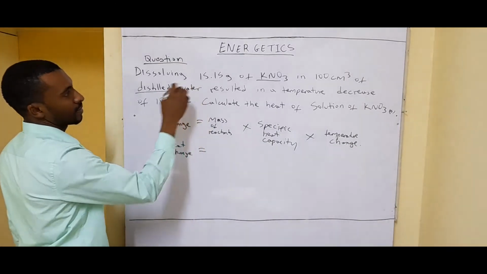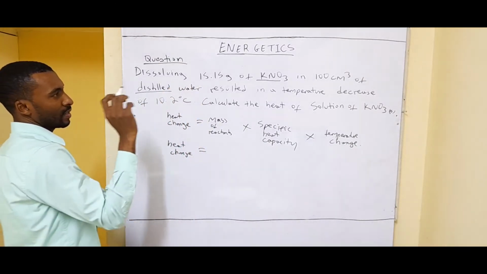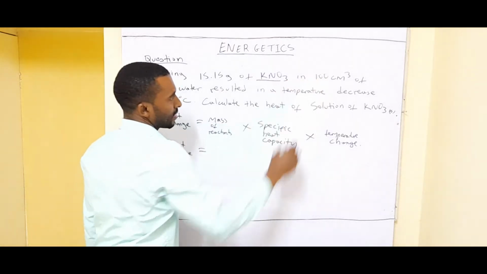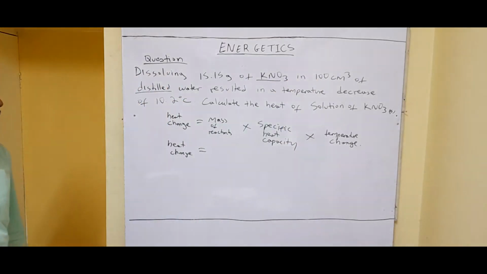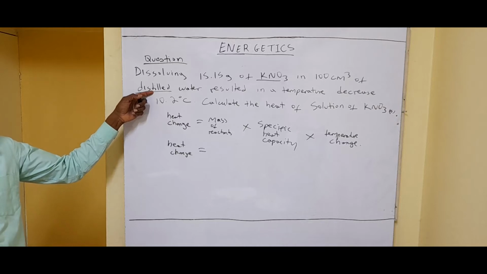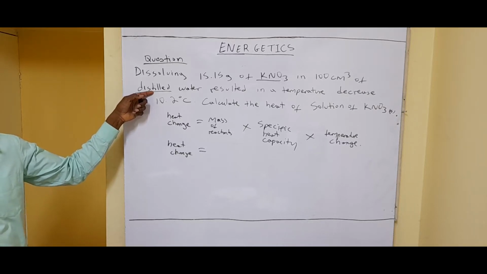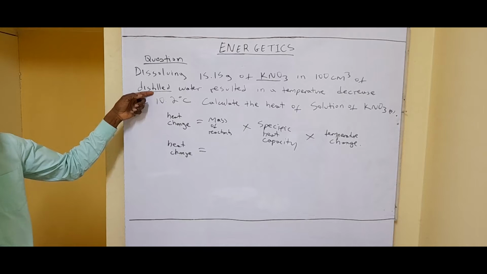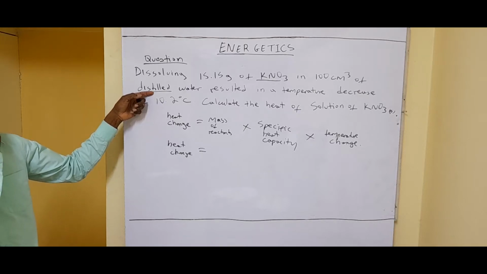So remember that we're going to assume the density of distilled water is that of pure water. Actually, distillation is a separation technique, but I skipped it. I'm going to do it next month, when I do separation techniques, both fractional distillation and simple distillation.